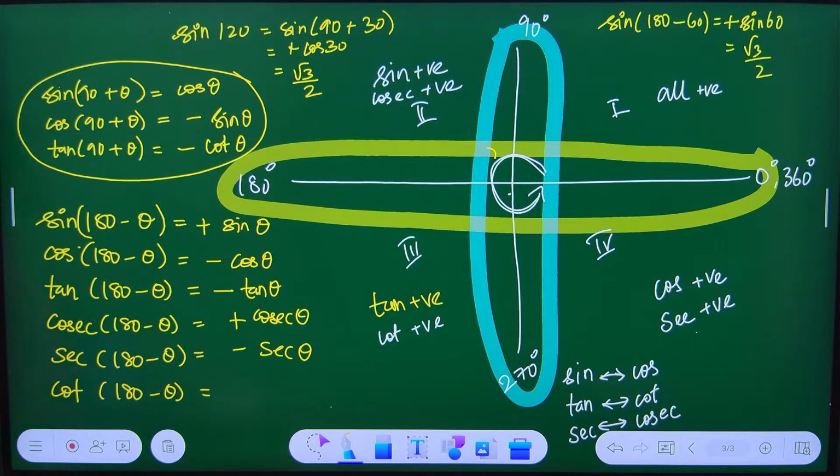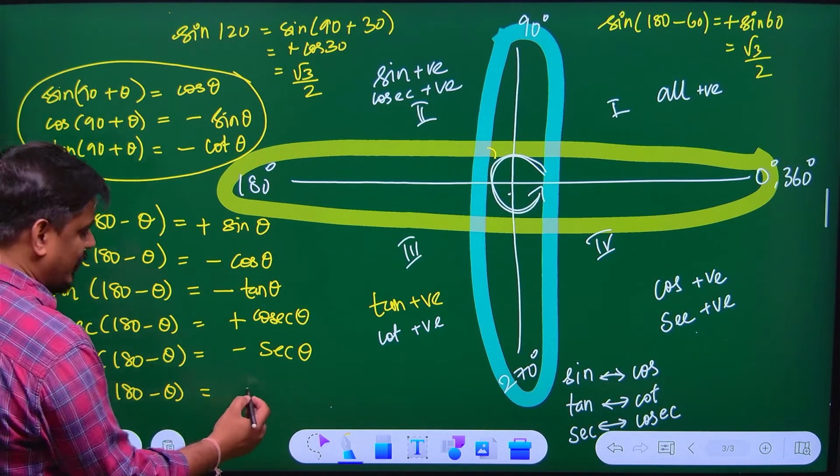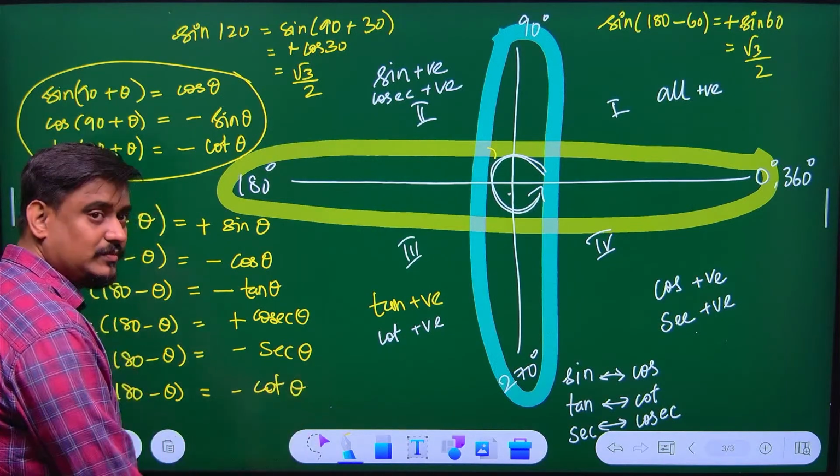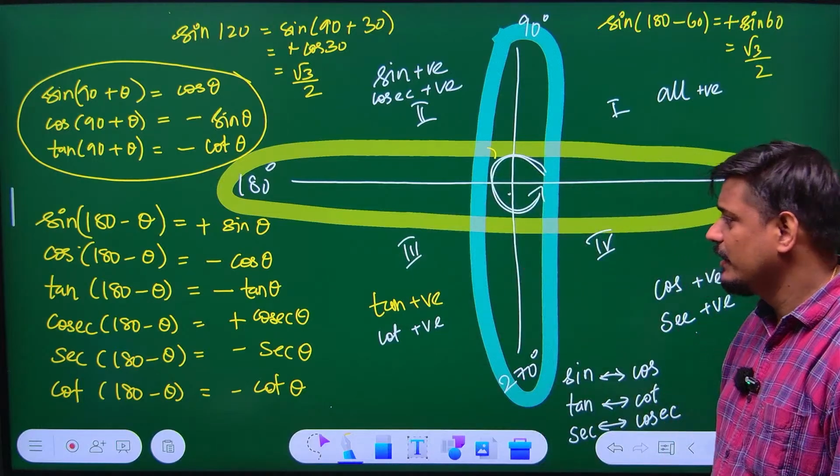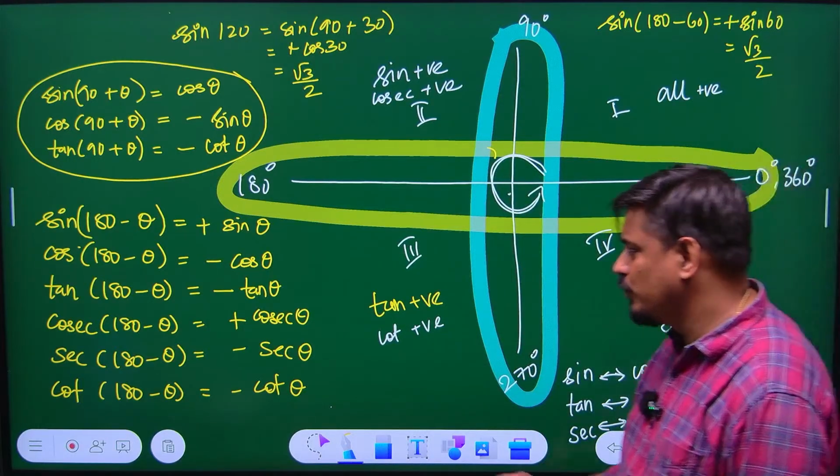Second quadrant. Very good. You are muted again. Unmute yourself, please. Negative cot theta. You are right. Harini, give a try, please. Next question is to you.